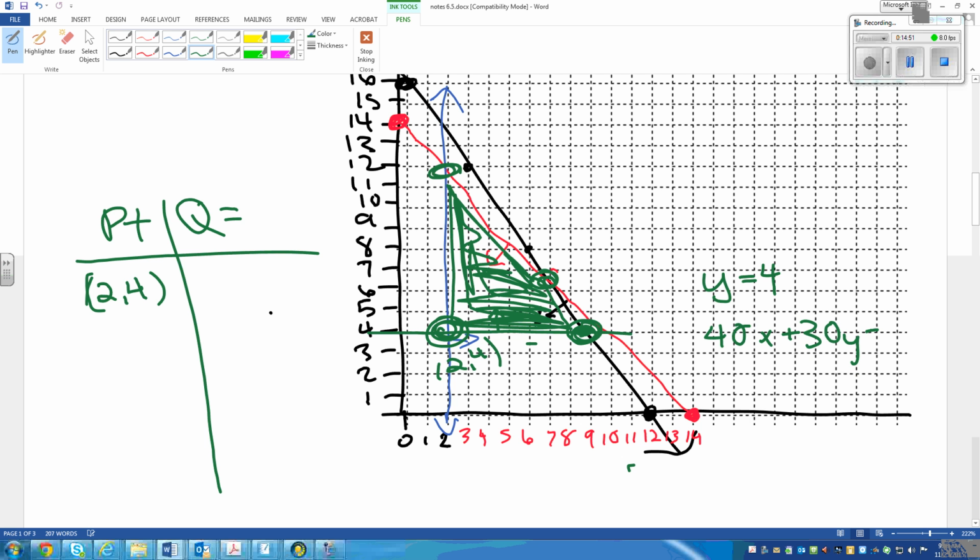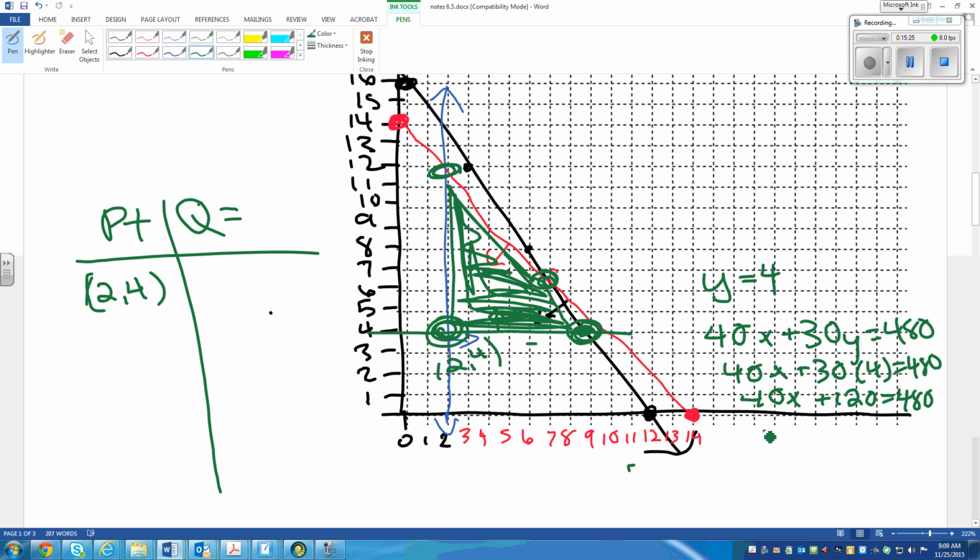Now, I heard from the crowd that that's 9. Okay? And it might be 9, and that's your check, okay? You have to show the math. Plug in y, so we get 40x plus 30 times 4 is equal to 480. 30 times 4, that's 120. 4 times 3 is 12, add a 0 is 120. We get 40x plus 120 equals 480.